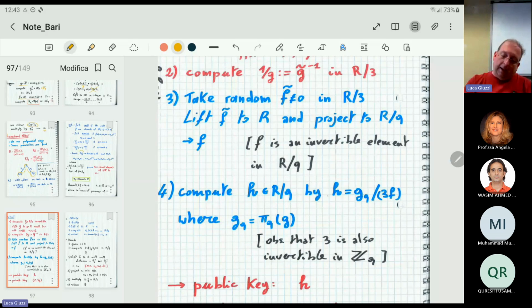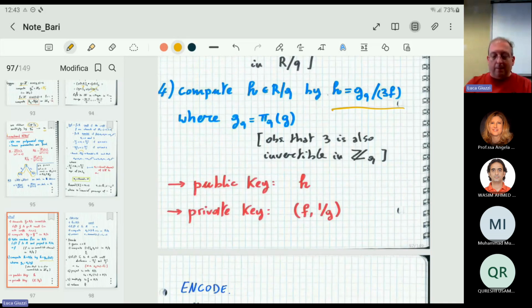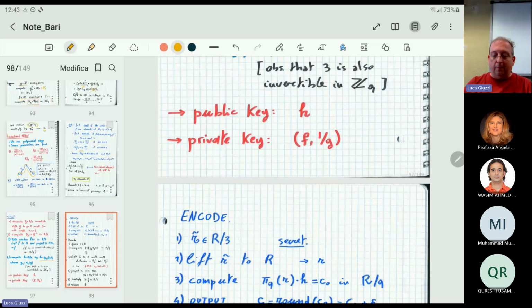And then here, as you will be able to see as soon as it gives you this text, this kind of operation is exactly the same kind of operation which was giving us h before. The public key turns out to be this h. The private key is given by f and 1 over g.